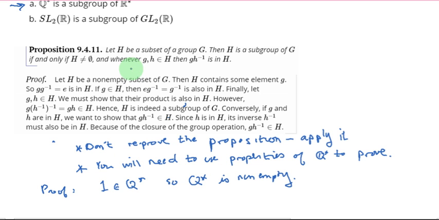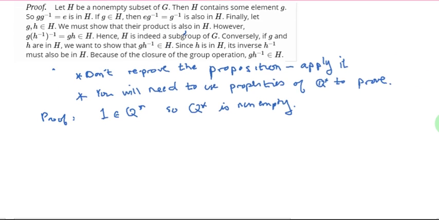Second thing, we need to prove closure under this operation. So I need to take two elements of Q star and show that one element times the other element inverse is also in Q star. So let's say, I'll call them q1 and q2, let q1, q2 be in Q star.